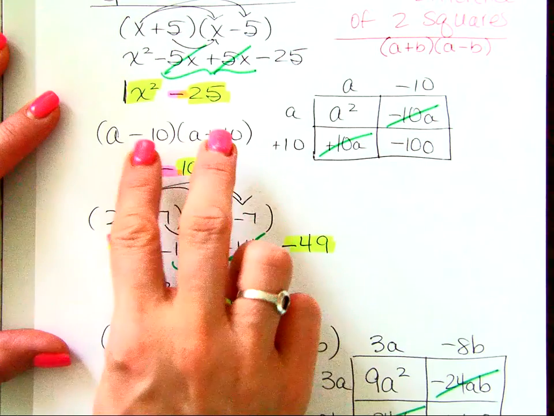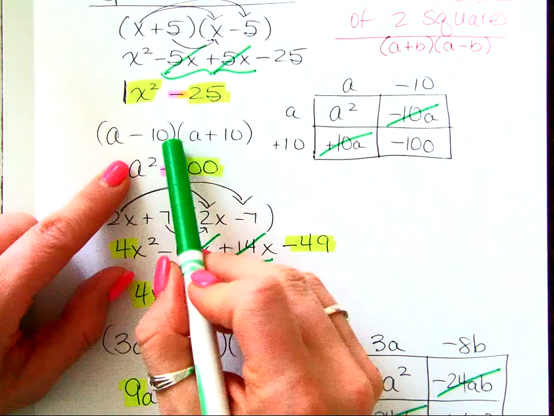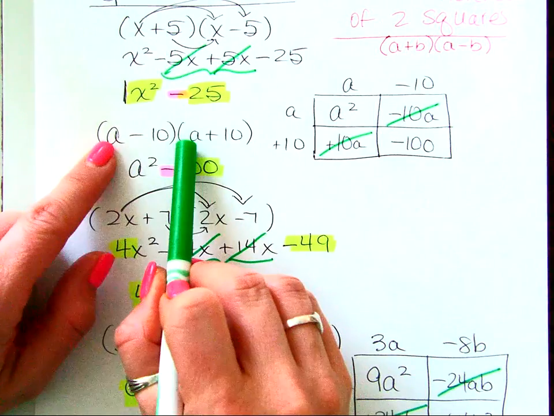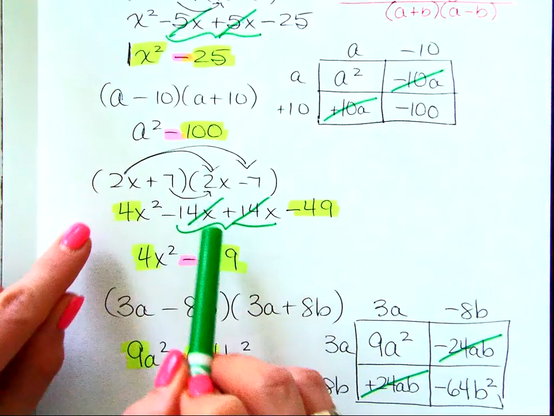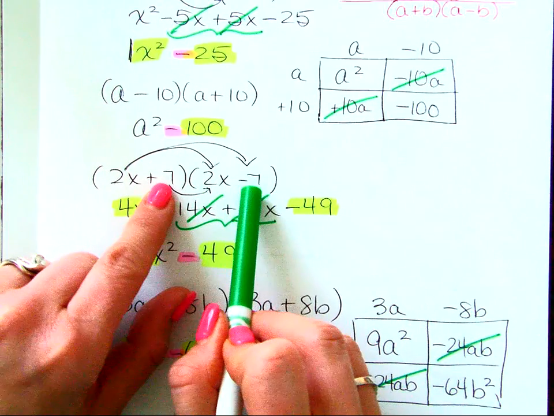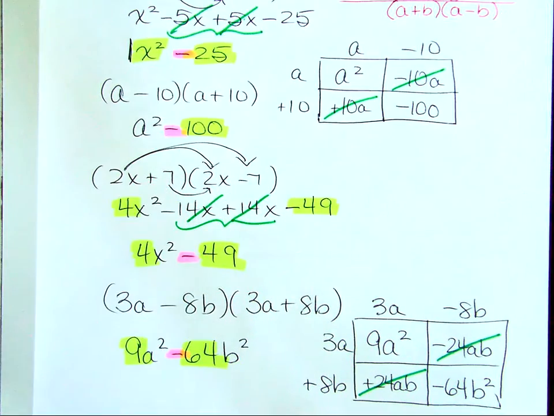Here's the only time, ever, that the difference of two squares will work. When you have almost identical parentheses, both are a's, both are 10s, one plus, one minus. Both are 2x's, both are 7s, one's positive, one's negative. Got it?